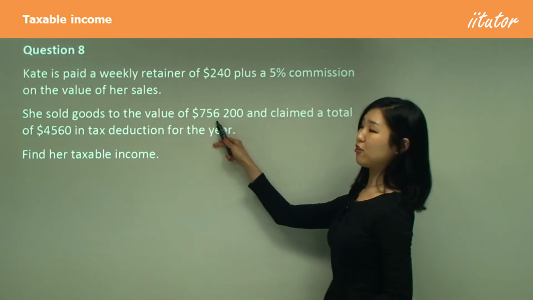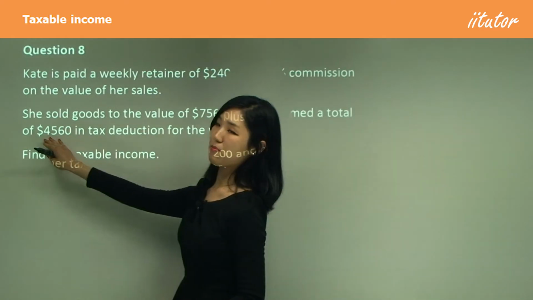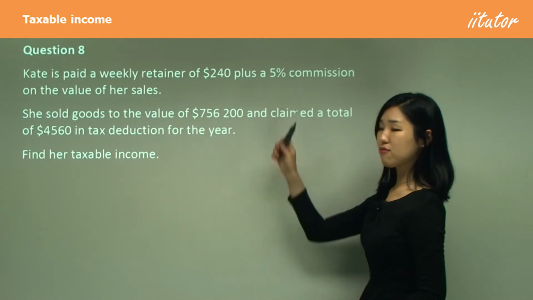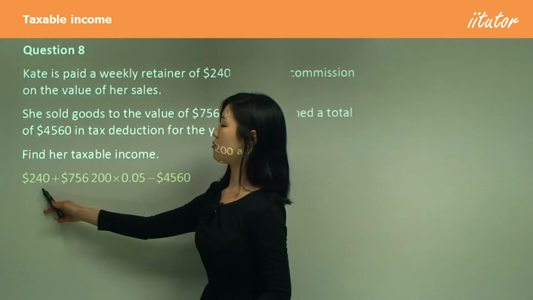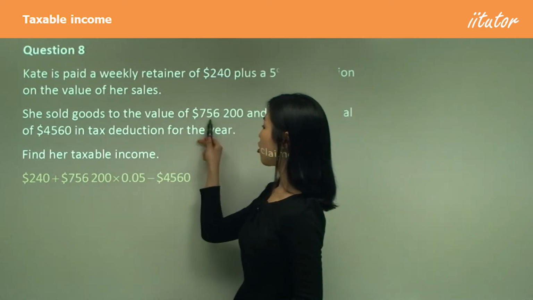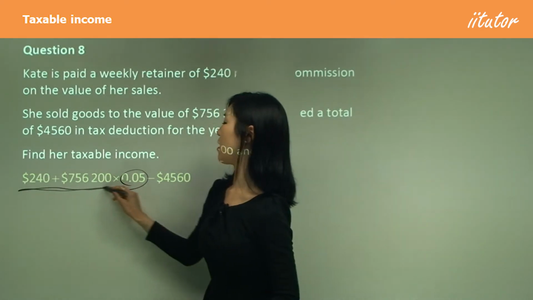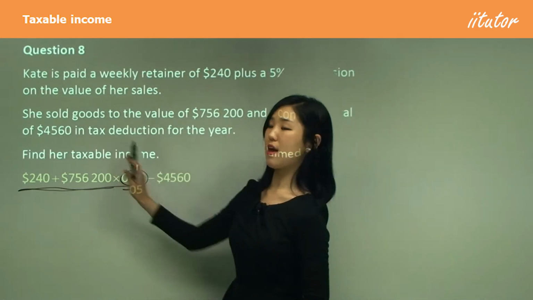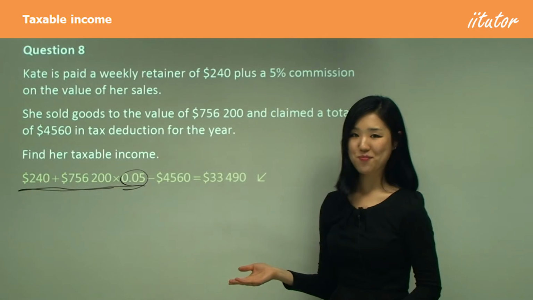That's the amount of sales she made. And then she also had tax deductions of this much. So first of all, her weekly retainer plus her 5% commission should be her gross pay. We get 240 plus the total number of sales times the 5%. So this part is her gross pay. And then we subtract the tax deductions of 4,000 something. And then calculate that. That is your taxable income.